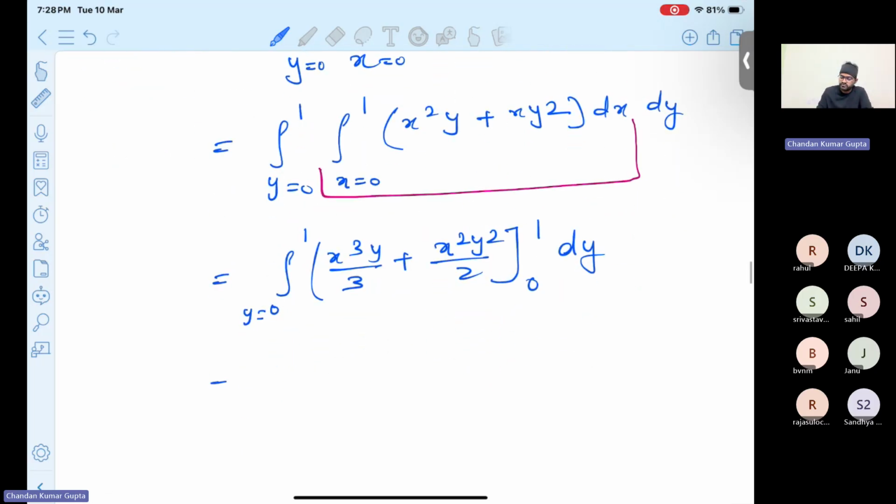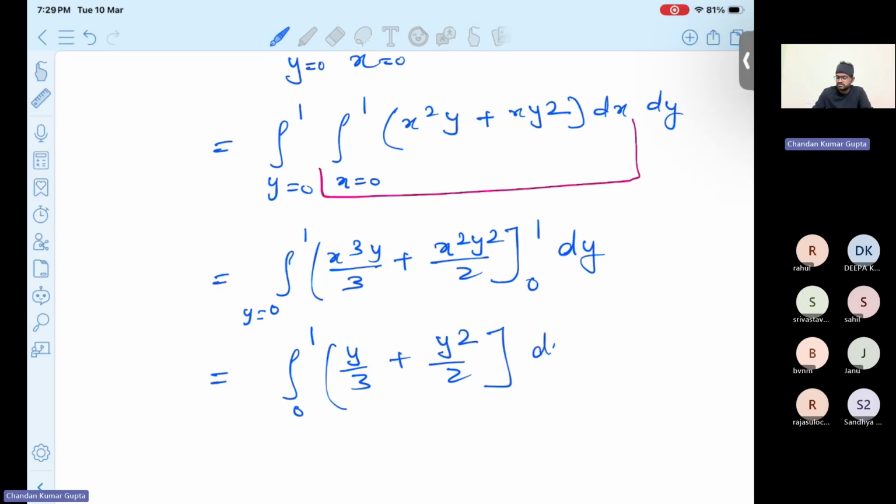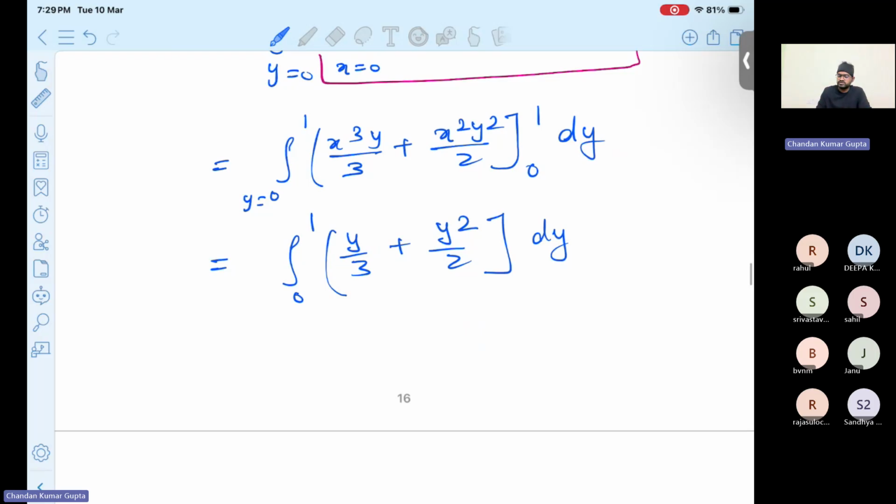Putting the values, you find the integral over 0 to 1 of y by 3 plus y square by 2. Now the next step is to integrate this.